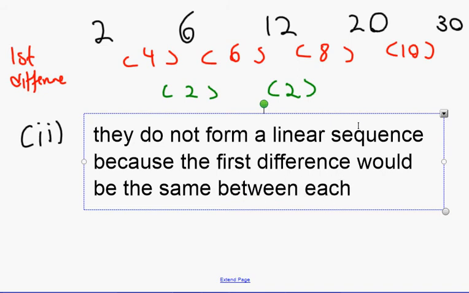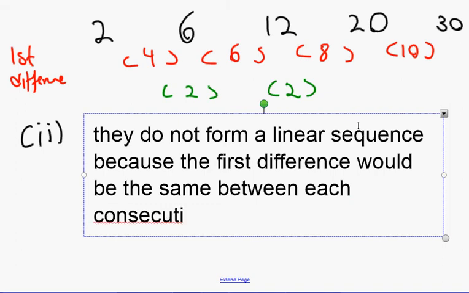What does the word consecutive mean? It does mean continuous. So for example, the gap between T1 and T2 would equal the gap between T3 and T4. Right, that's what that means, okay?